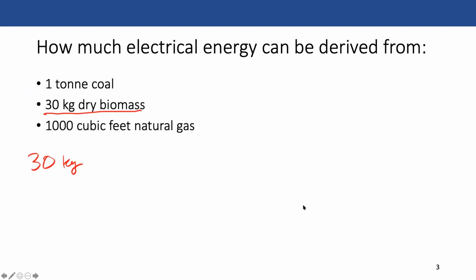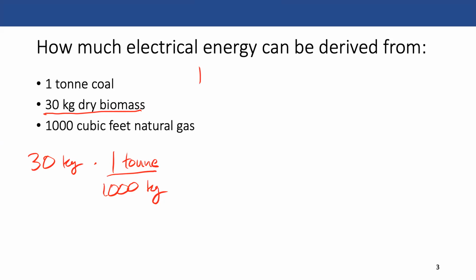So 30 kilograms times 1 ton per 1,000 kilograms. And just as a quick note on the nomenclature for tons, we'll try to be as consistent as possible.